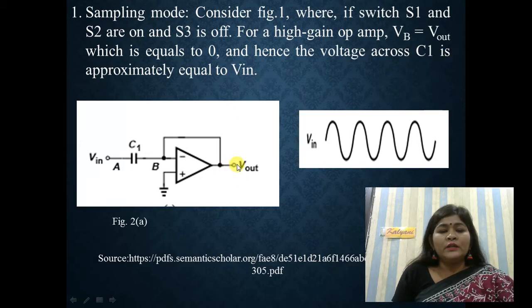These are the nodes VA and VB. This Vout is equal to VB, which equals 0, because this works as a voltage follower, meaning output follows the input. So VB equals Vout equals 0, and hence the voltage across C1 is approximately equal to Vin. This is the input waveform Vin, and it is in continuous form.